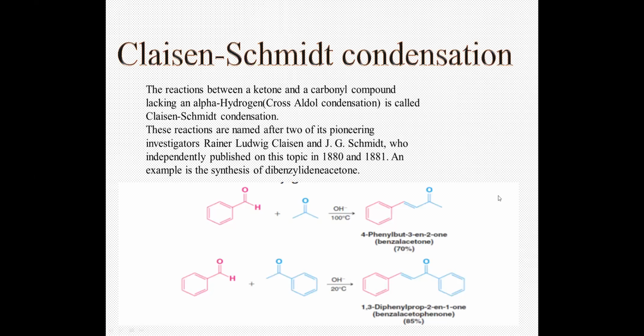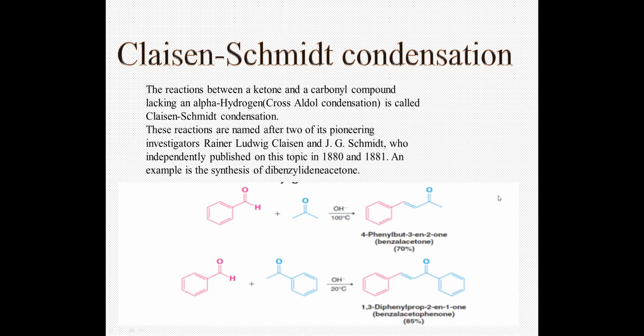So what is the reaction? You have a ketone, you react with an aldehyde which does not contain an alpha hydrogen. Basically you take an aromatic aldehyde and treat it with a ketone, and you get the crossed aldol products.